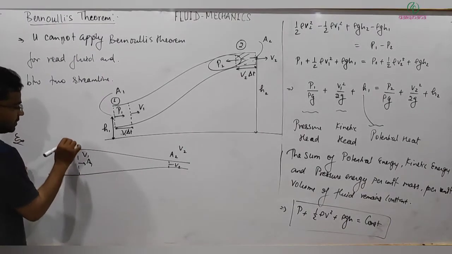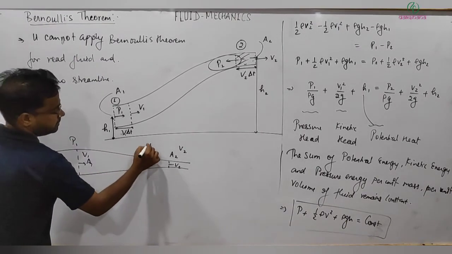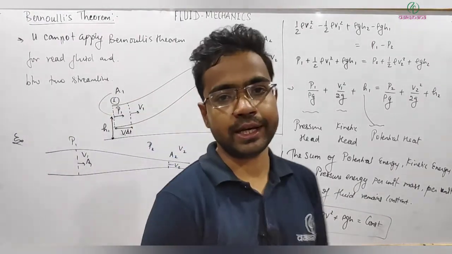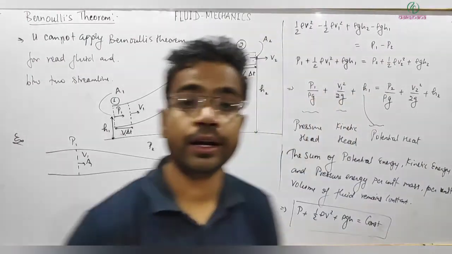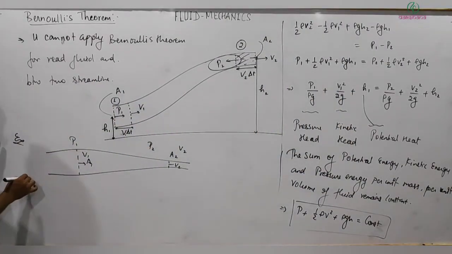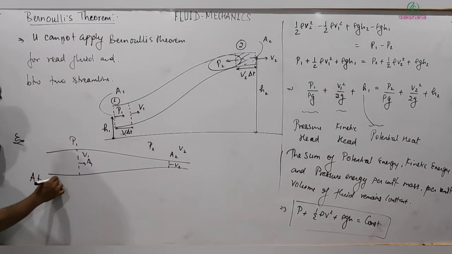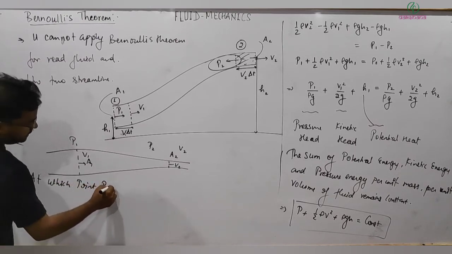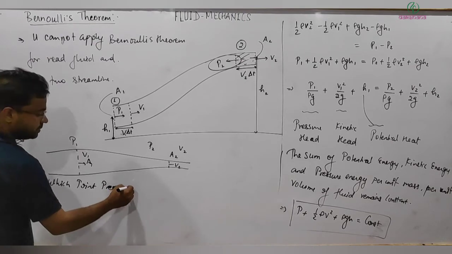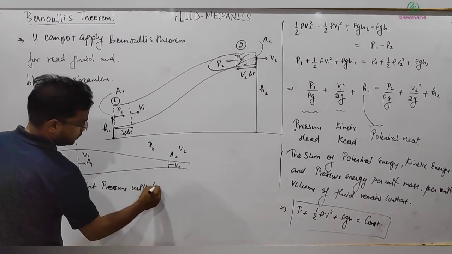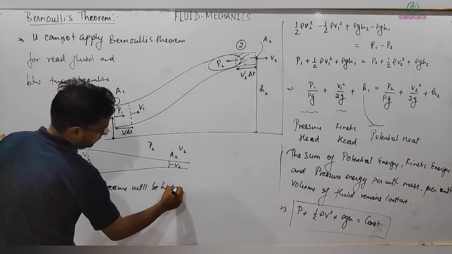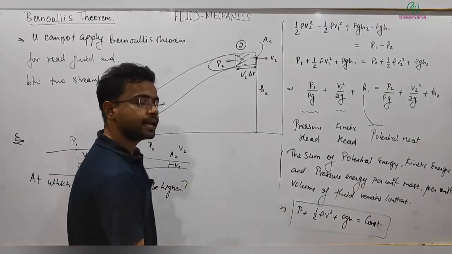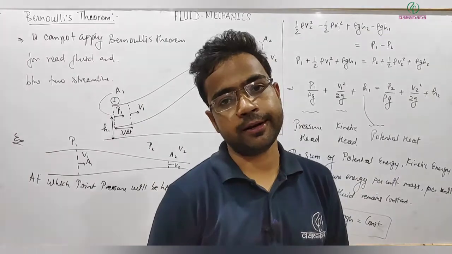Then pressure at this point is P1, pressure at that point is P2. What do you think? At which point will the pressure be higher? This is the question. We can answer it very easily with the help of Bernoulli's principle.